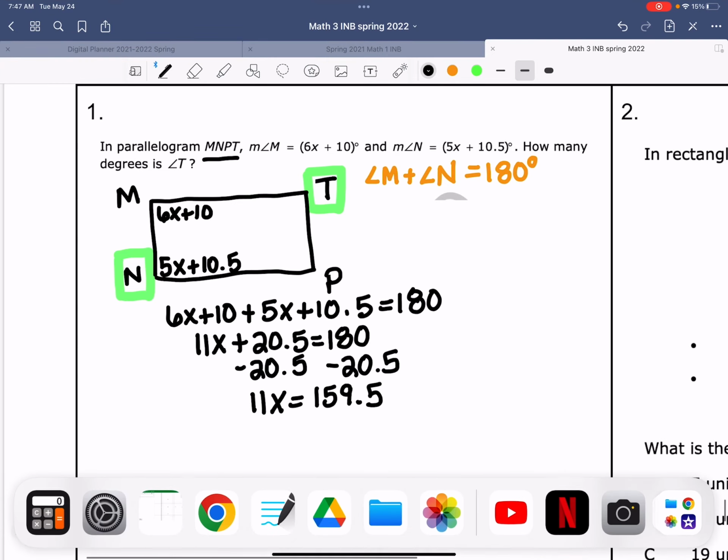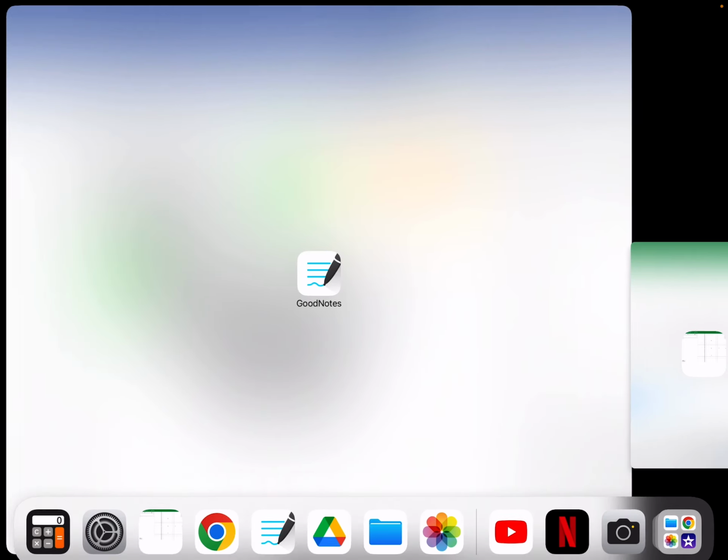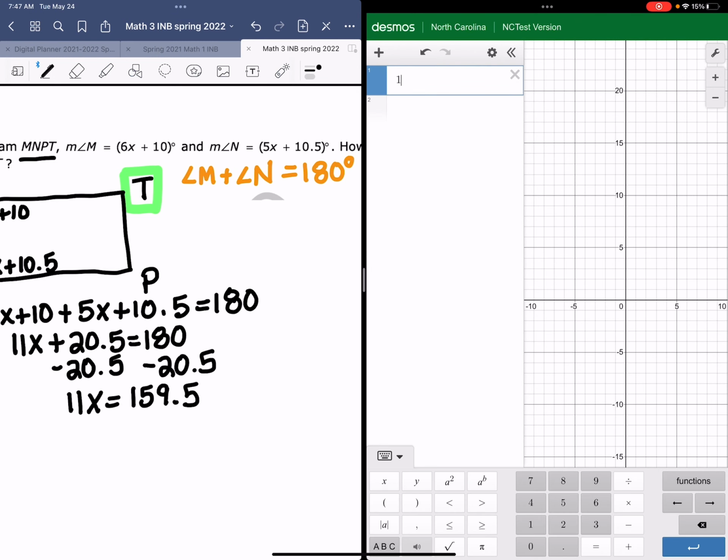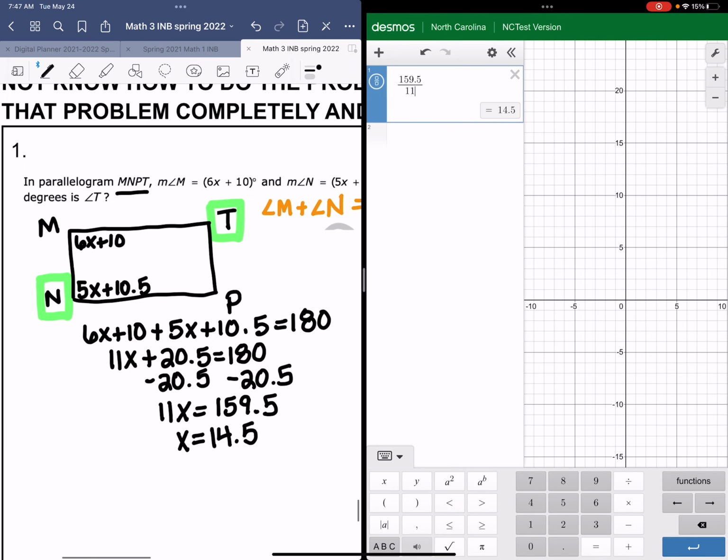Now we're going to need to divide by 11. So if we divide by 11, we get 159.5 divided by 11, and we get 14.5. So x equals 14.5.